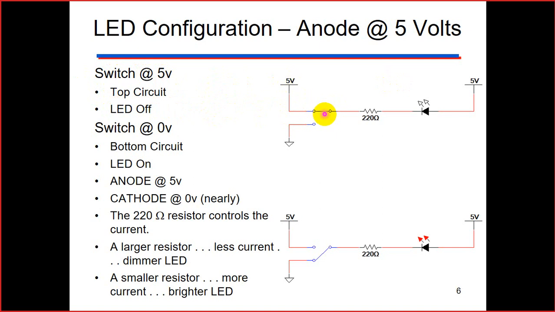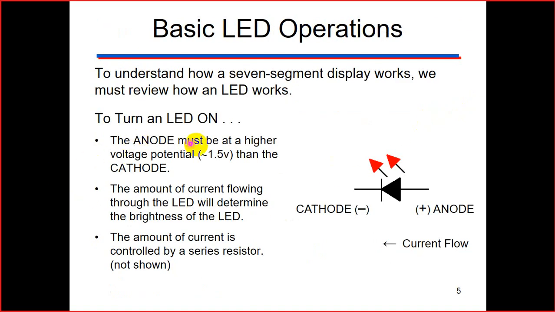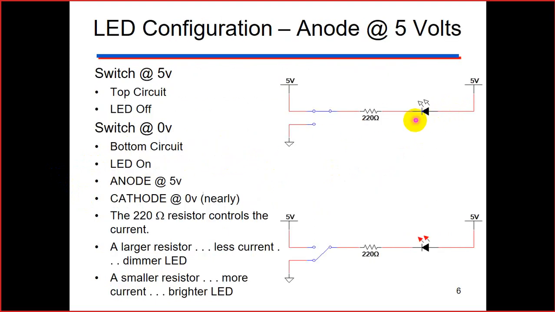So in that case, 5 volt and 5 volt, certainly it will turn off the LED. Look at over here. The anode must be at a higher voltage potential than the cathode. So the condition does not satisfy, the LED will be off.